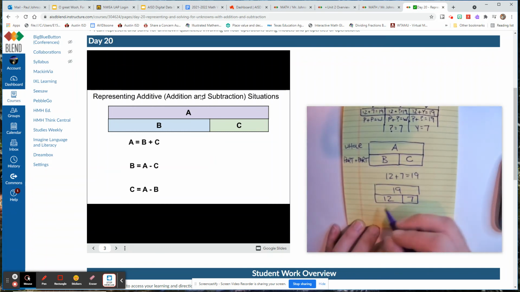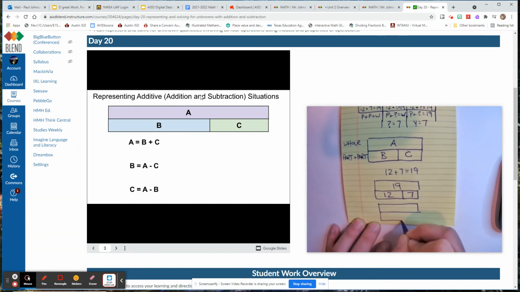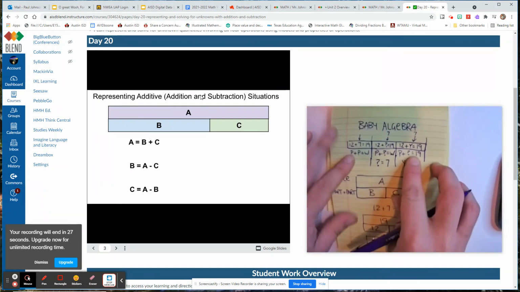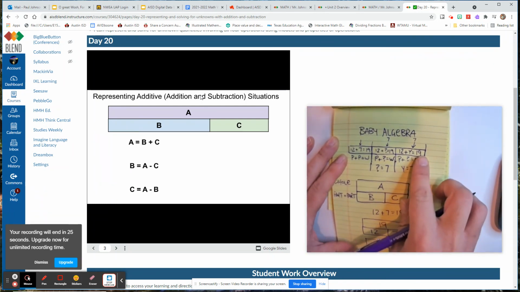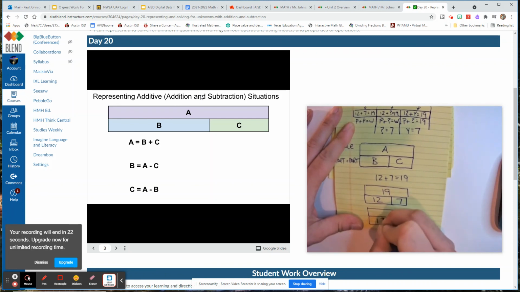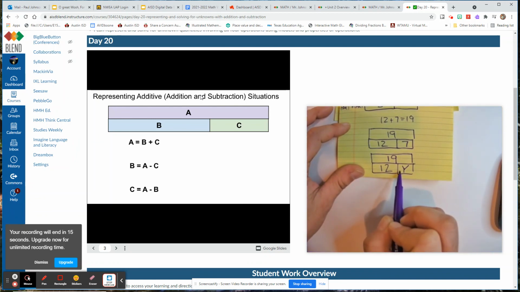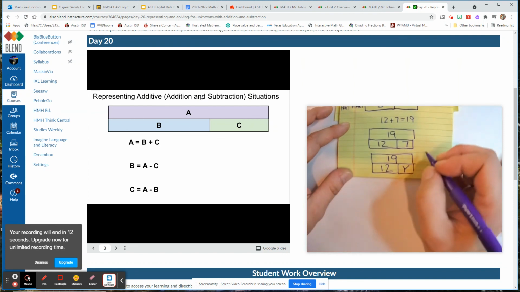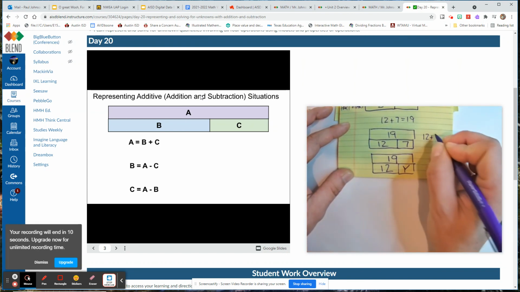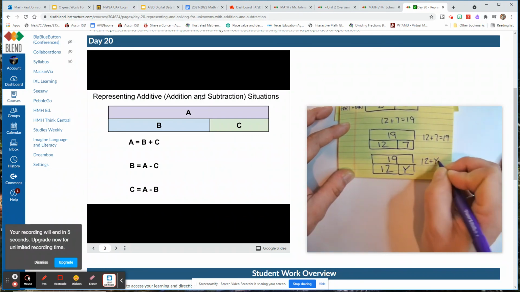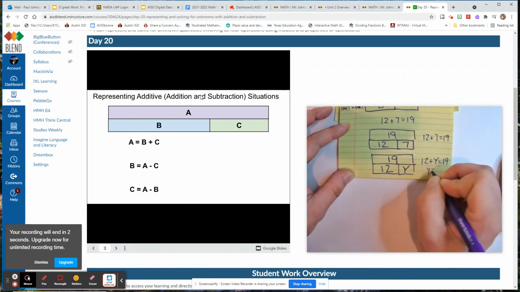We can also represent this if we were missing one of our values, like on this one, where it says 12 plus y equals 19. We could draw the same strip diagram and represent that 12 plus some unknown value, some number we don't know, equals 19. So this is 12 plus 7 equals 19. And this is 12 plus y equals 19, and y equals 7.